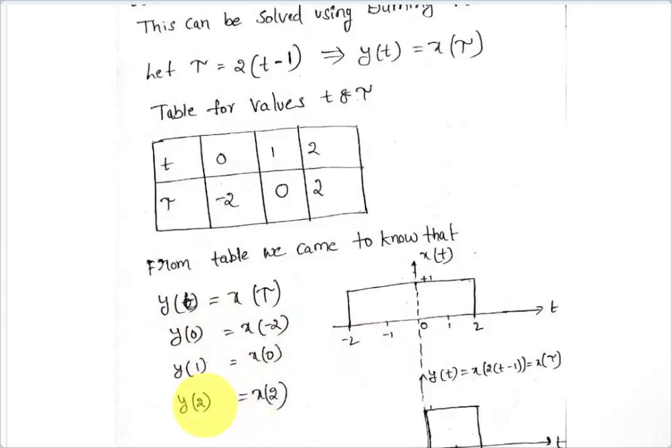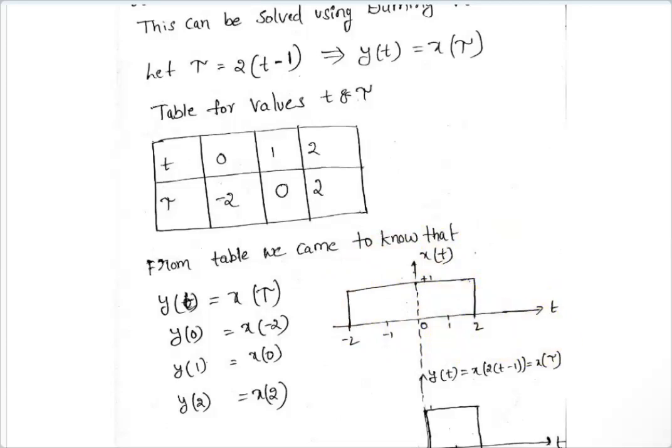Means the amplitude of y signal at time instance 1 equals the amplitude of x signal at time instance 0. Consider an x signal here. X-axis is time, y-axis is amplitude, our signal is x of t.